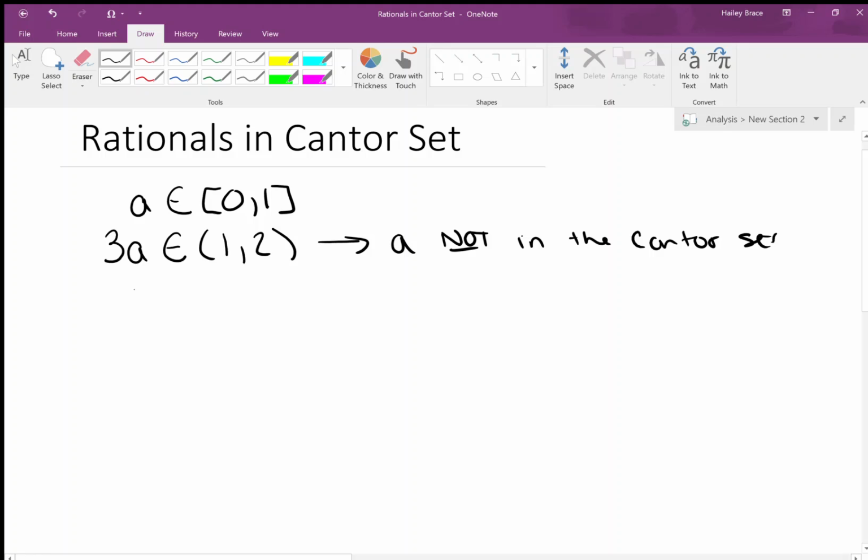But if 3a is not in the open interval (1, 2), then it might be in the Cantor set.